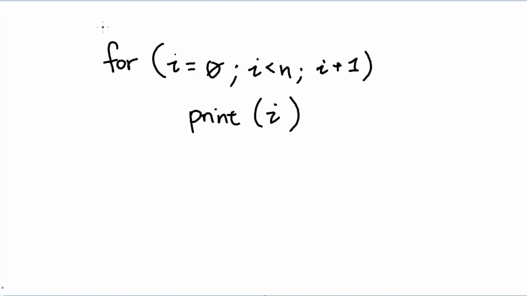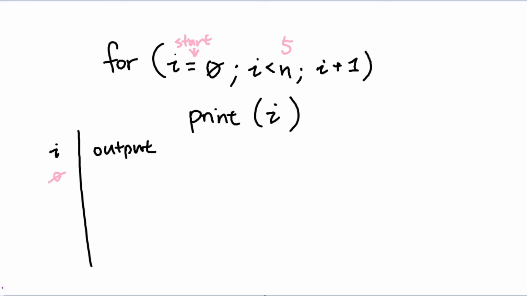But what this code here is saying is, let's say n, keep in mind n is the size of whatever input, let's say n is 5, right? We'll start out with I equals 0, and this is just your starting point. So when I equals 0, this is your output, and we print out whatever I is.